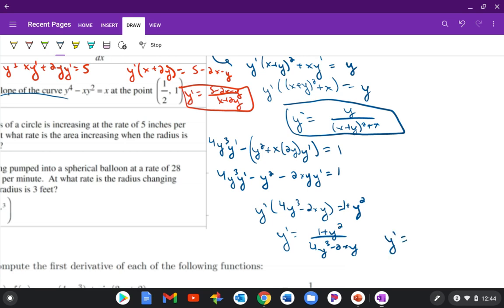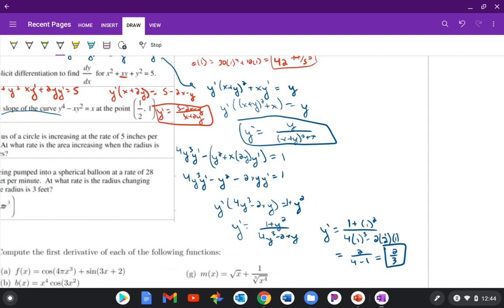So y prime would be 1 plus 1 squared over 4 times 1 to the third minus 2 times 1/2 times 1. We get 2 on top. On the bottom, we get 4 minus, looks like 1. So 2 over 3.